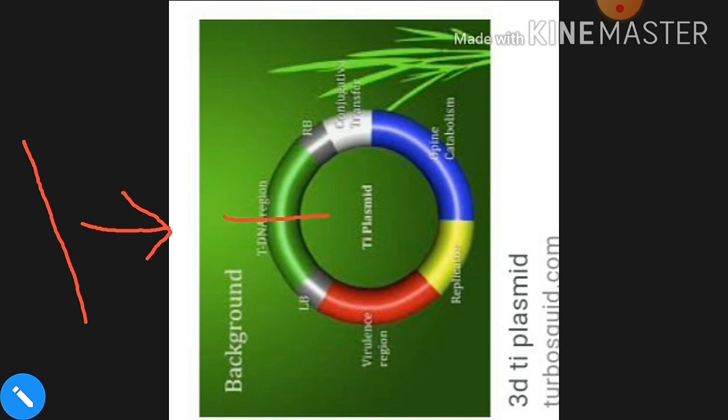Clear? So how can we ligate it here? First we will make a cut in this DNA part. After making the cut, a similar cut we will have to make with the same enzyme in this part here also. That's why we can ligate easily.